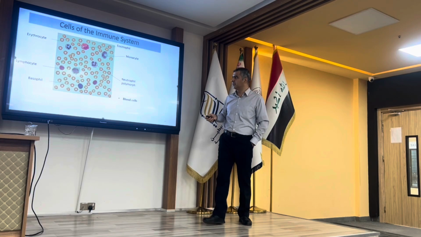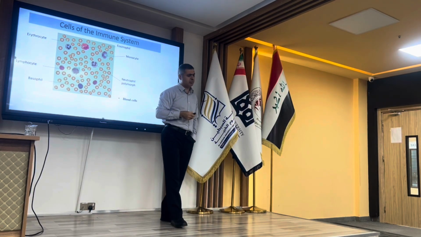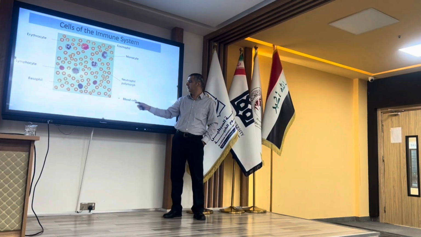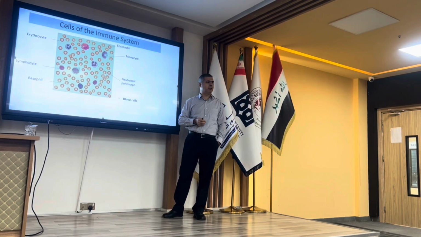Cells of the immune system. We have different, so all immune cells, or we can say most of them, are indeed cells of the blood. The cells circulate in the blood circulation. They migrate to different parts of the body through blood circulation.